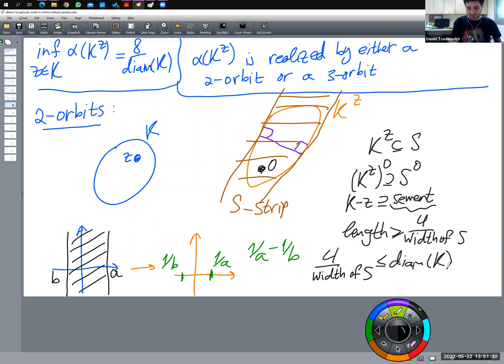And this means that the width of S is at least 4 over the diameter of K, but the length of the billiard orbit is twice this width.